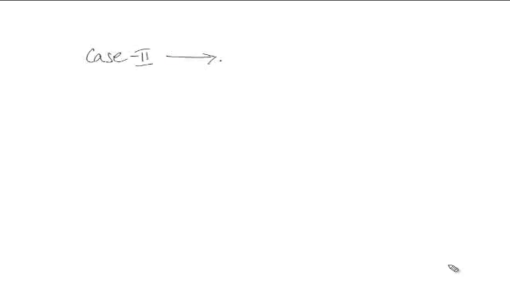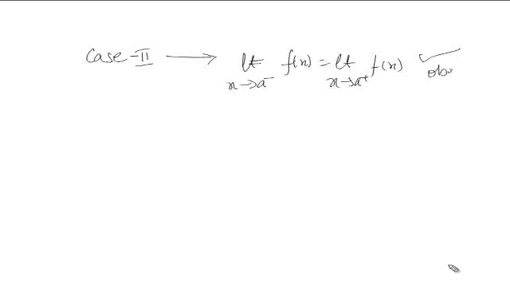What does case 2 say? Case 2 says that it is not sufficient for limit x tends to a minus f of x to equal limit x tends to a plus f of x. This property is obeyed in case 2.